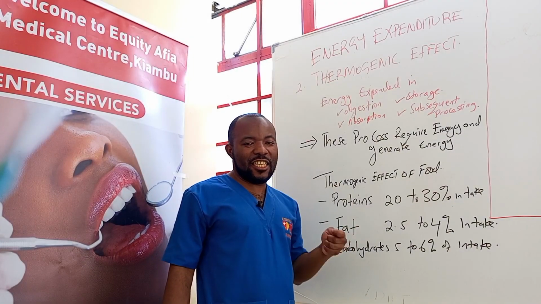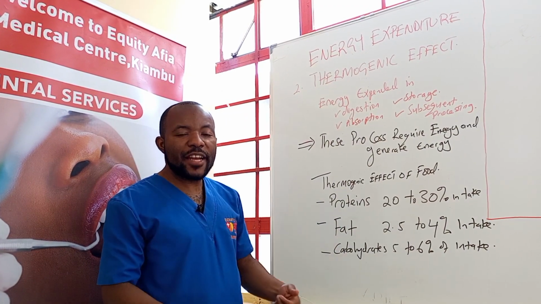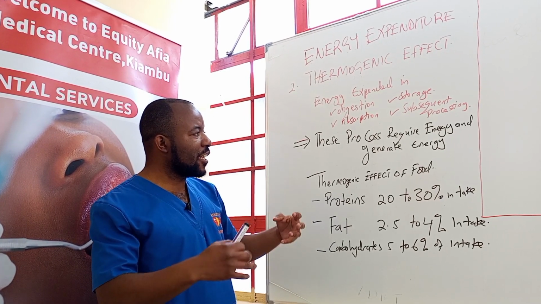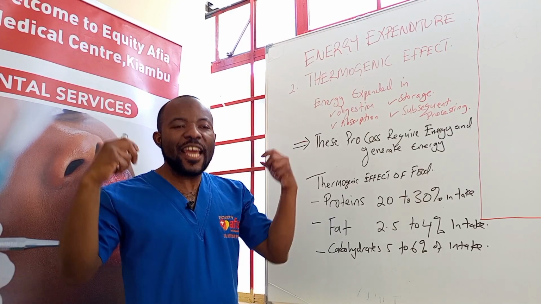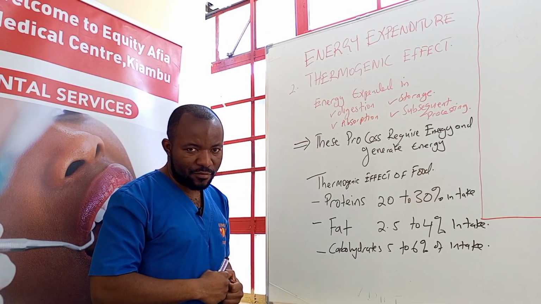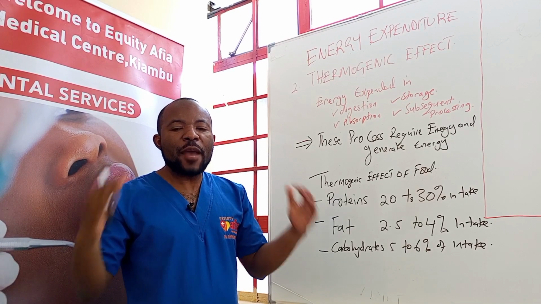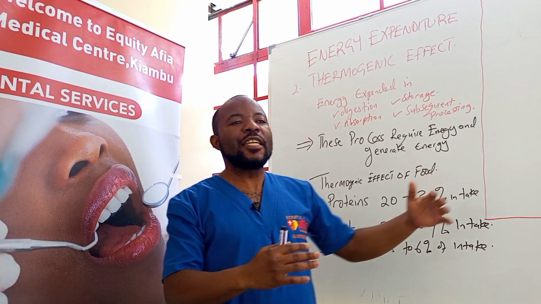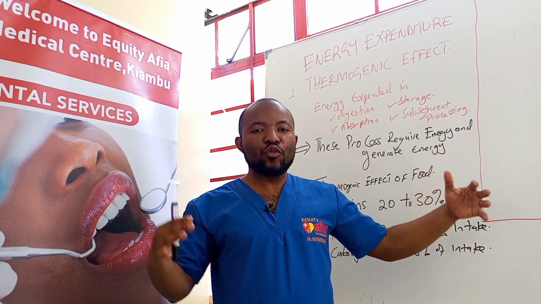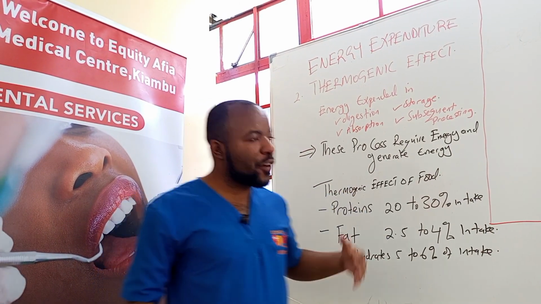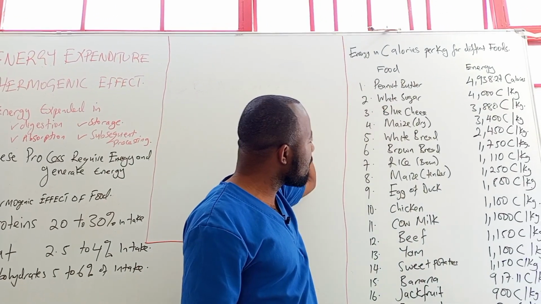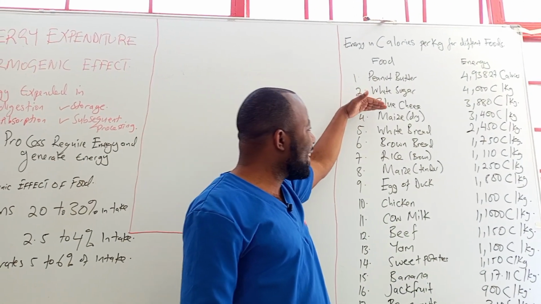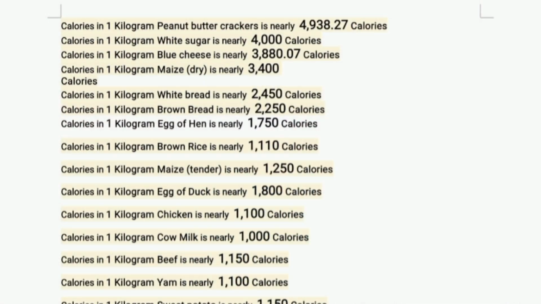Now the energy that is required in processing the food you are eating is subtracted from the energy you have taken in. And different types of food have different amounts of energy. For example, we say if you are eating maize it will give you 3,400 calories.